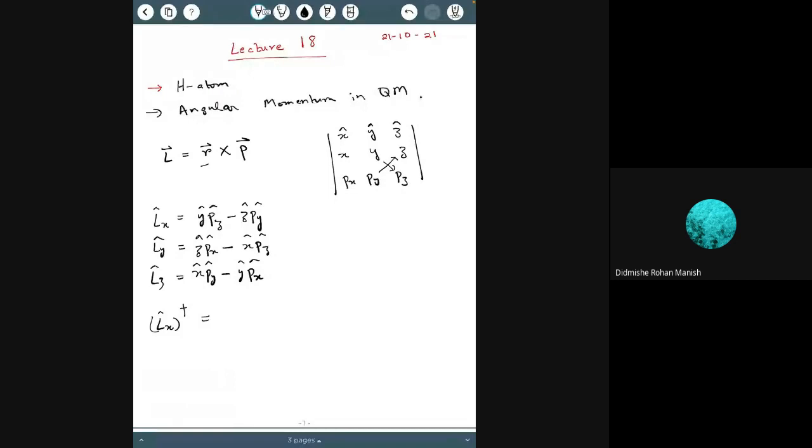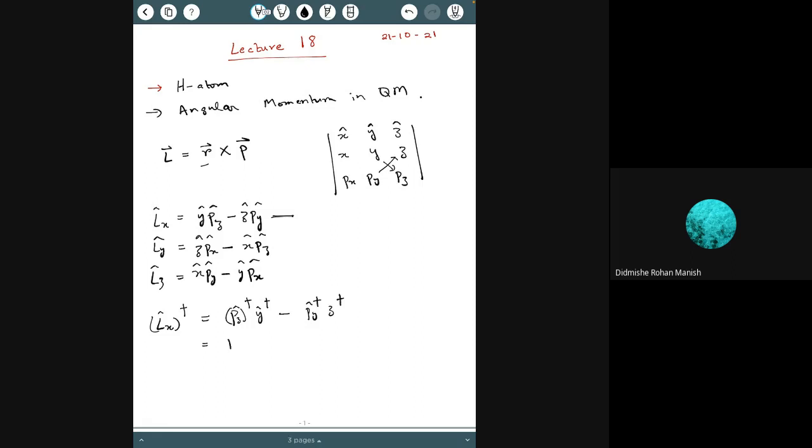So let's check if it is Hermitian. When you take a dagger on this expression, the order of the multiplication changes. So you have this. And the p's are Hermitian, the positions are Hermitian.